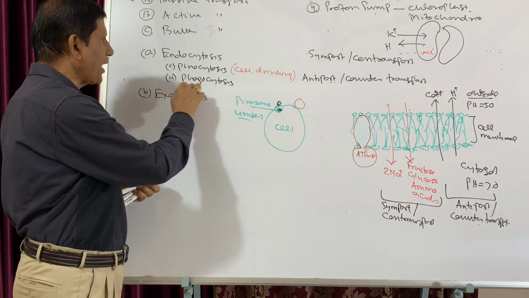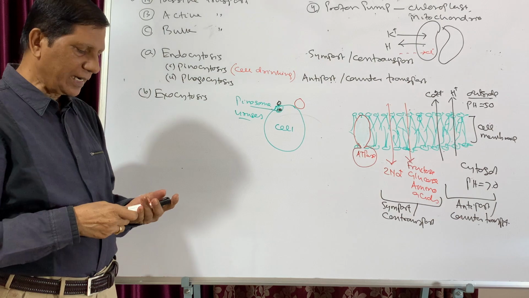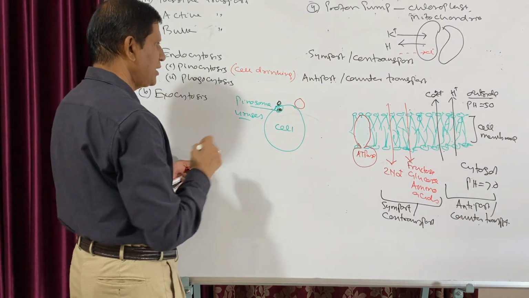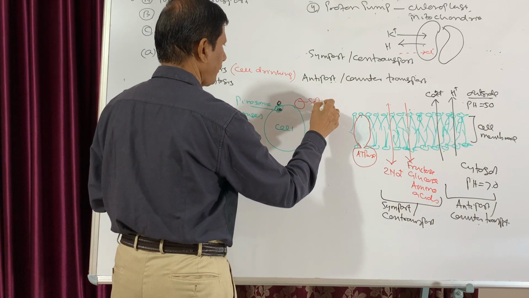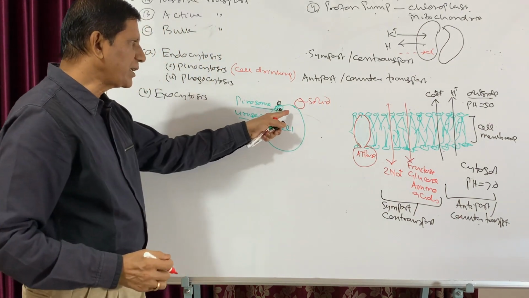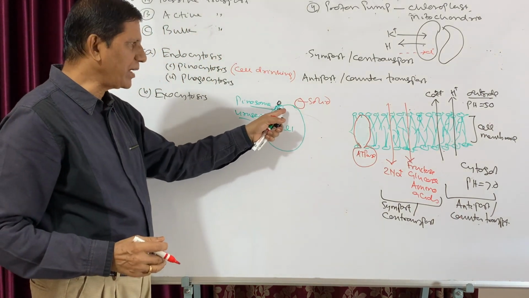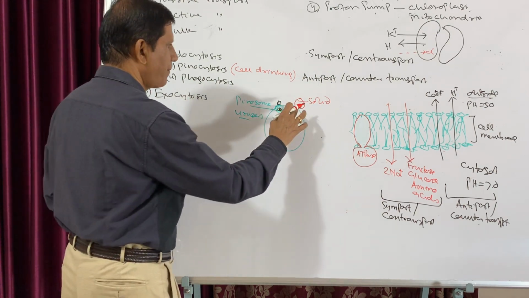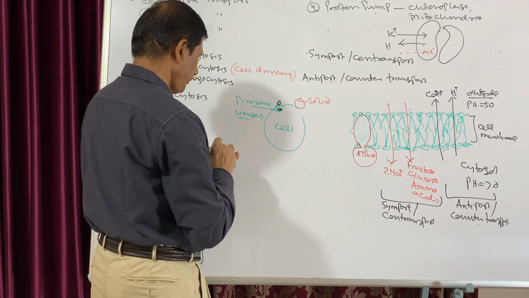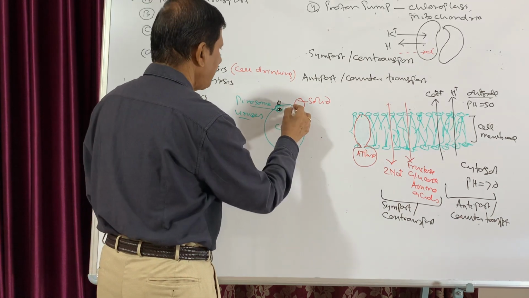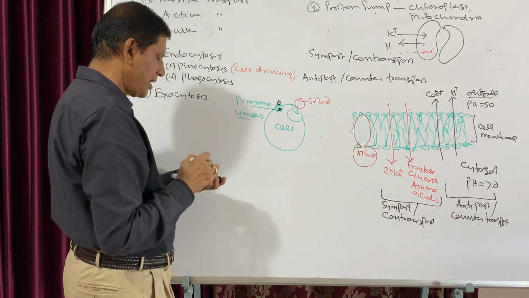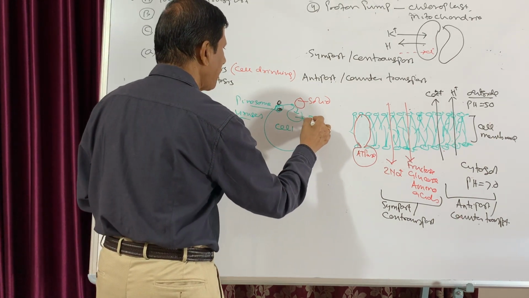Whereas in case of phagocytosis, what happens? In case of phagocytosis, certain solid substances enter. So when the solid substance approaches the cell, in the same manner, the cell membrane will form one vesicle-like structure to which it will enter, and this will be known as phagosome.